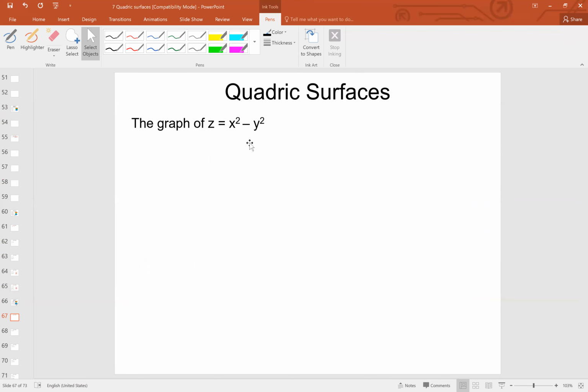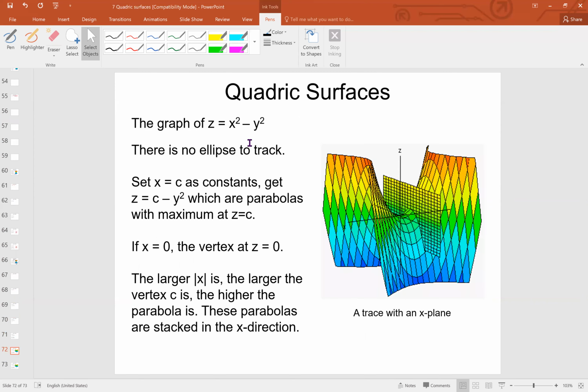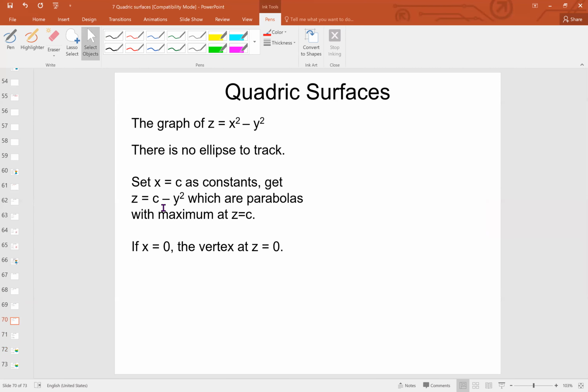That's the case where you do not get a sum of squares. And this one, we will examine by taking slice by slice of traces, or you can do it by level curves. So over here, we set x equal to a constant, and we'll produce a series of traces. If you set x equal to a constant, you get these second degree parabolas pointing downward. As c gets bigger, the parabola gets higher and higher.